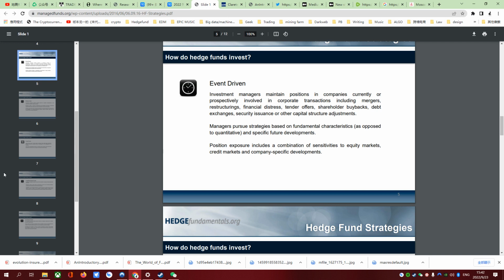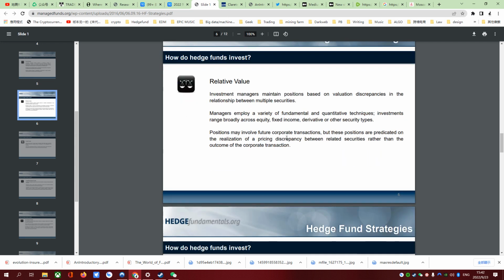Okay, and then the next strategy is relative value strategy. That means the managers' judgment would be based on valuation and discrepancies in the relationship between multiple securities. So we'd be looking at different asset classes, different securities.